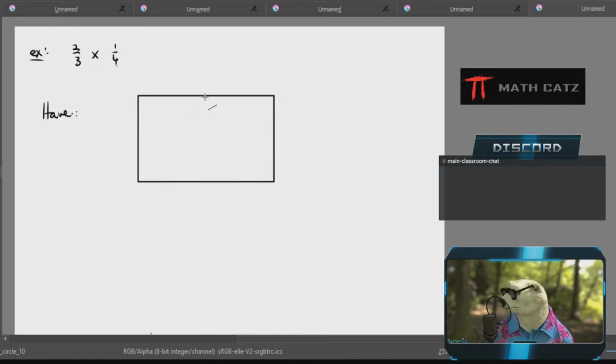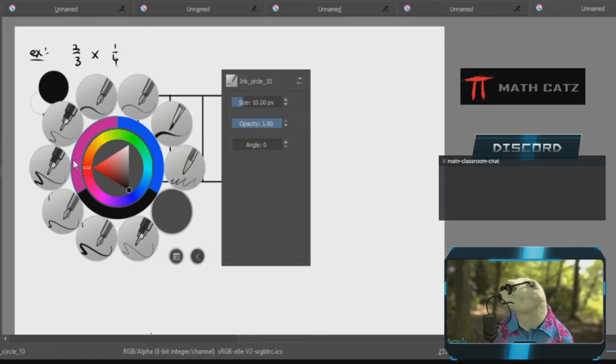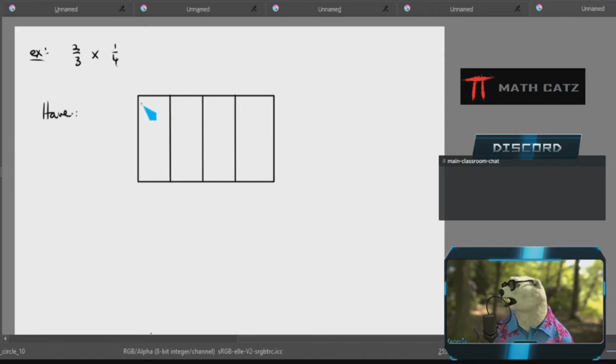And because it's 1 over 4, I need to split it up into 4. All right. Then let's color in what we have. We have 1. It's not nothing, but it's not much.